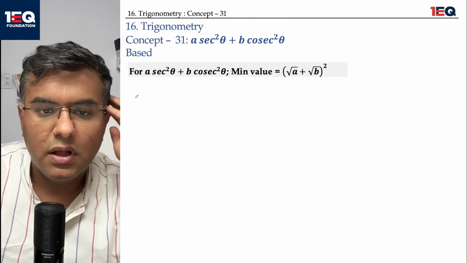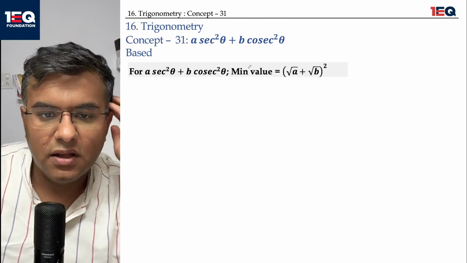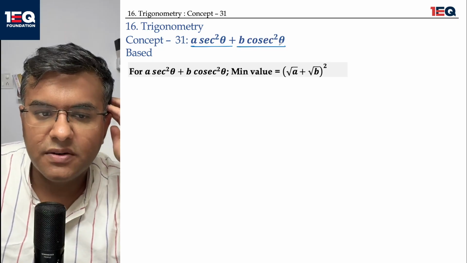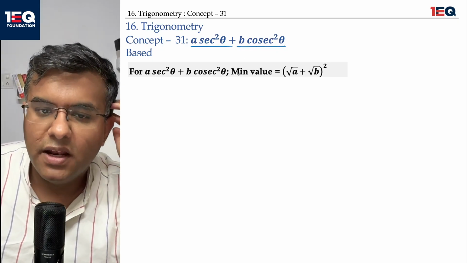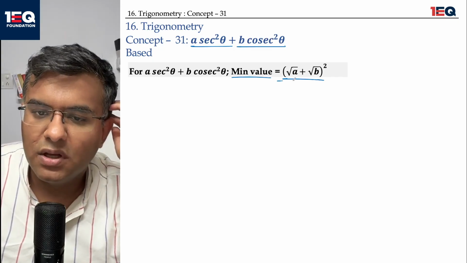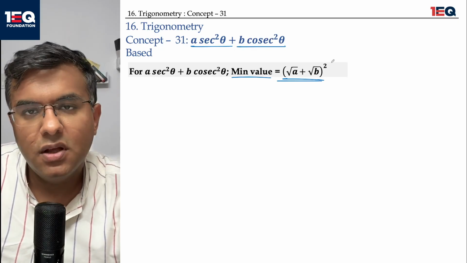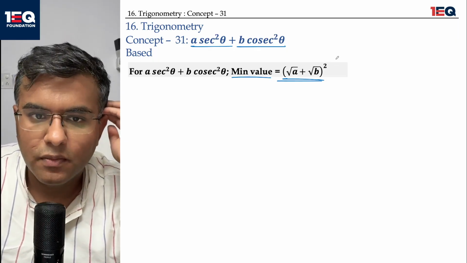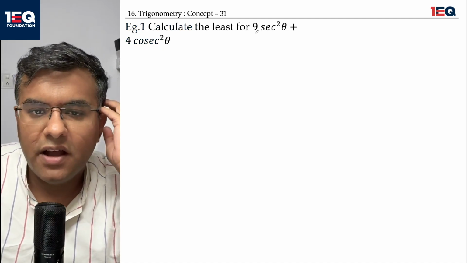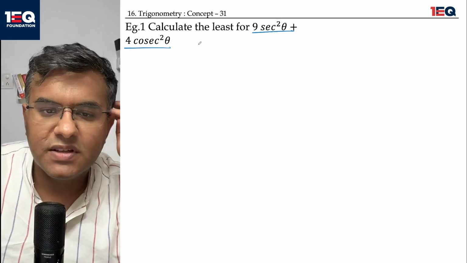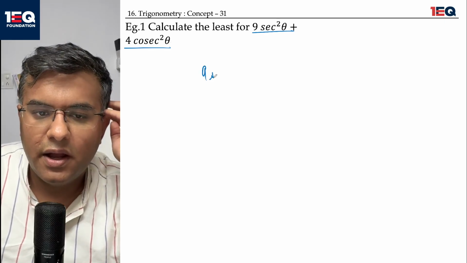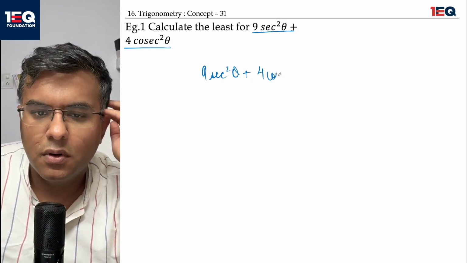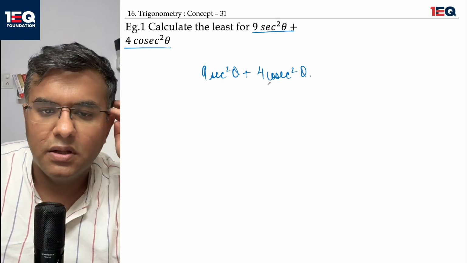And lastly, if ever we get a question where a sec square theta and b cosec square theta has been given, then we can find out the minimum value by using root a plus root b whole square. Okay, so I have now 9 sec square theta plus 4 cosec square theta.